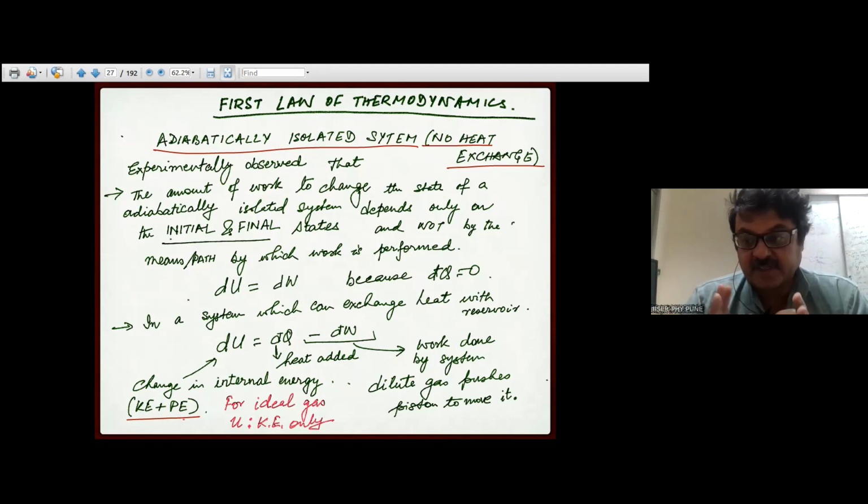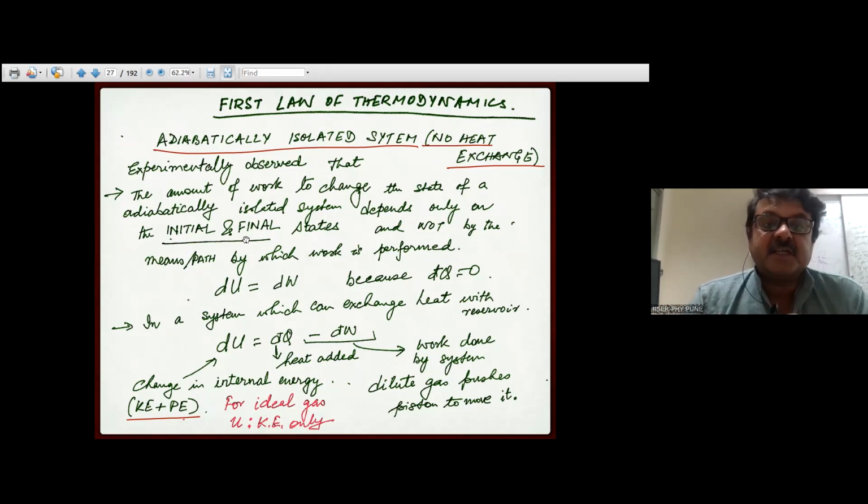So that is not being counted. Here we are saying the work done on the system or by the system, not accounting for friction, so an idealized system where the friction can be neglected. And then the amount of work, if there is no heat exchange, depends upon the initial and final state only, right?